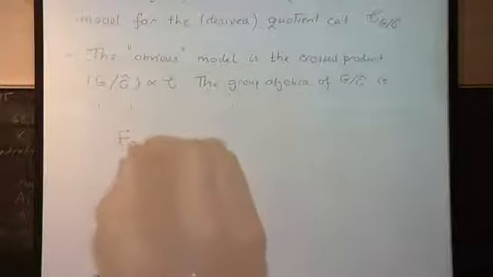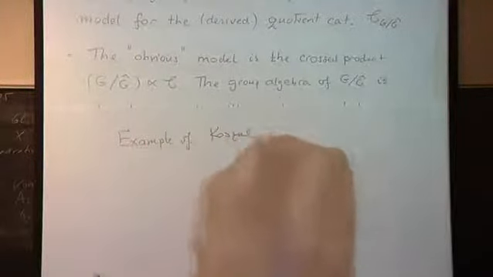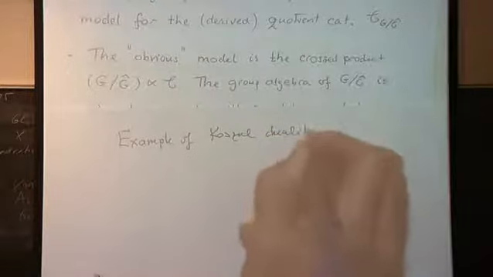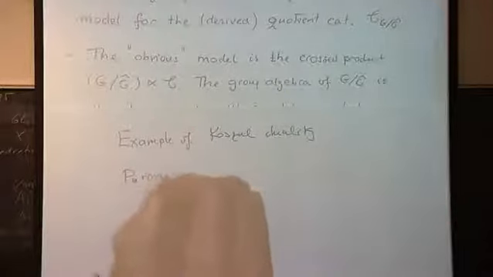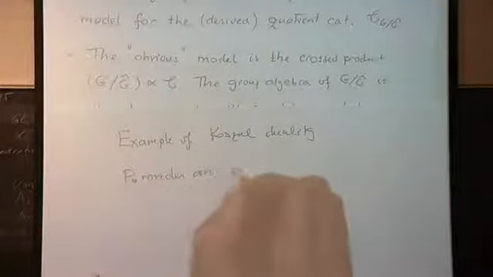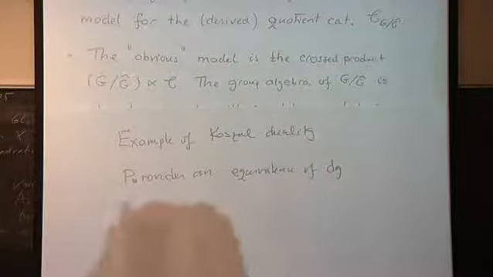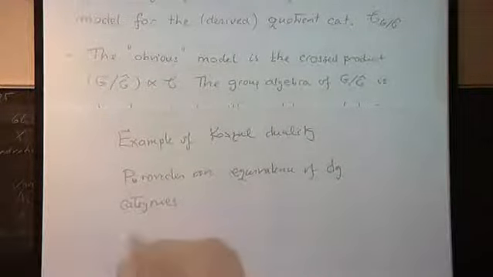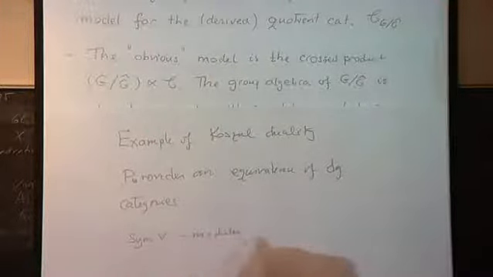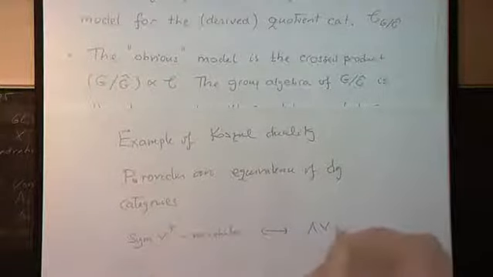So example, it's only one example we need to know of Koszul duality. It provides an equivalence of DG categories. You have to start being careful how to say that, between Sym V modules and Λ V modules, maybe we'll write it this way, Sym V* and Λ V modules.